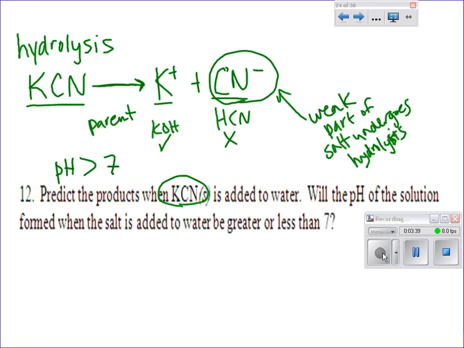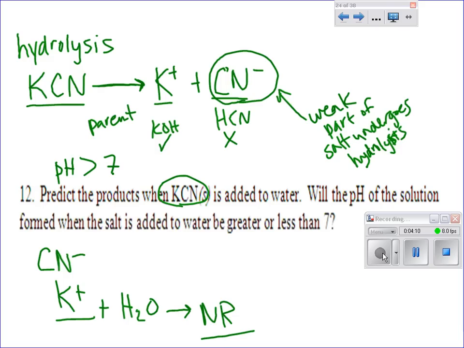The first thing you need to realize is that when you put these ions in water, only the weak part is going to actually react. If I were to put K+ in water, what can you tell me about group 1 ions and equations? They're always soluble. They're always going to be a spectator. So this is not going to react. That K+ is going to stay K+. So you will never see a reaction between the strong part of the salt with water. The CN- is what reacts with water.